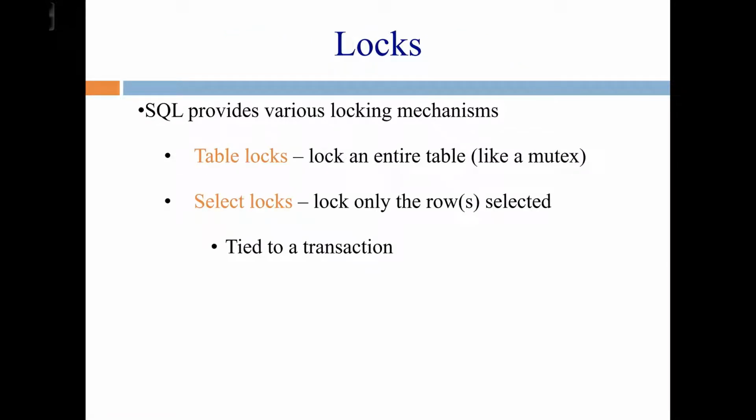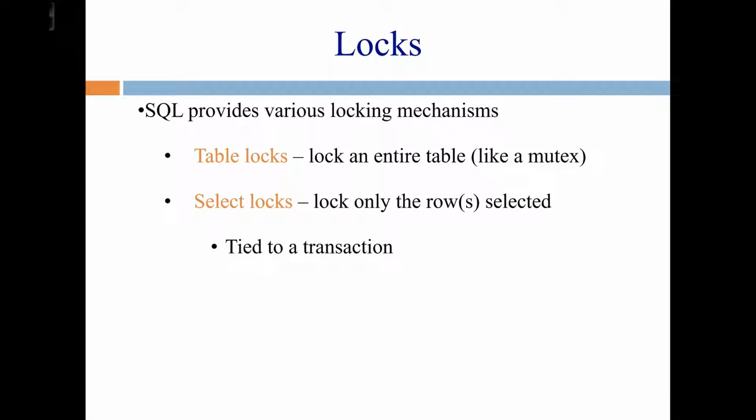SQL has various locking mechanisms. We'll look at table locks and select locks. So as the names kind of imply, a table lock locks an entire table. Kind of like a mutex, except still not a mutex. It's not locking a region of code. It's just providing one session full access to a table.